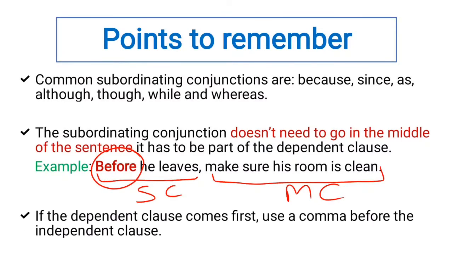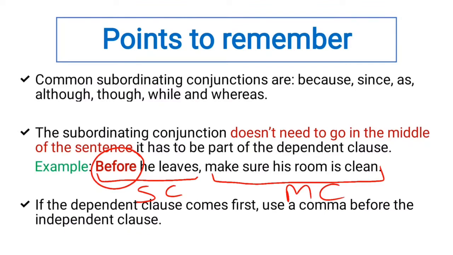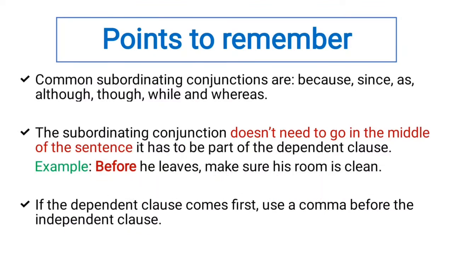Now, the next point to remember is if the dependent clause comes first, use a comma before the independent clause. I had already mentioned this thing that when we will be using dependent clause in the beginning as it is used in this sentence as well, so we will be putting a comma before the independent clause. I hope now you have understood the usage of subordinating conjunctions.